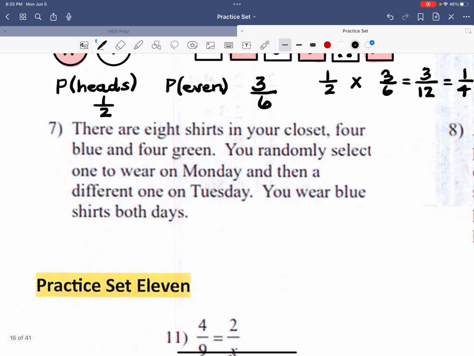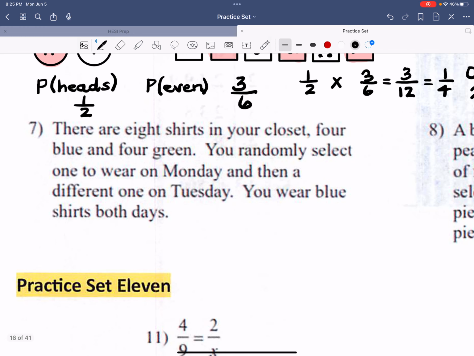Number 7. There are 8 shirts in your closet, 4 blue and 4 green. So I'm going to draw some dots for my shirts. 4 blue, 1, 2, 3, 4. 4 green, 1, 2, 3, 4.